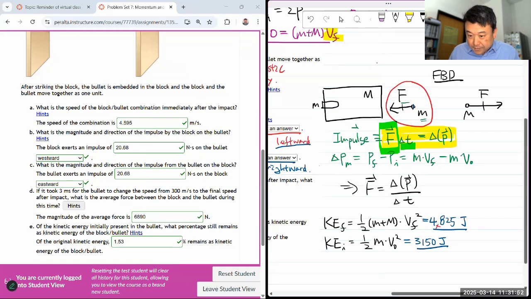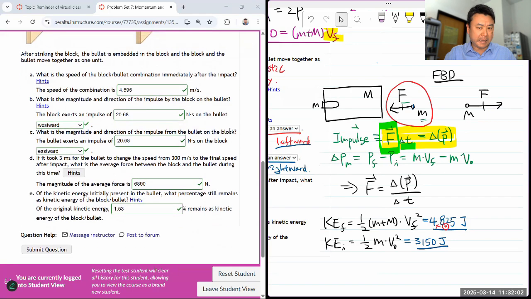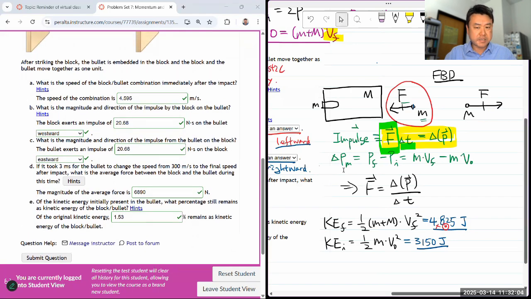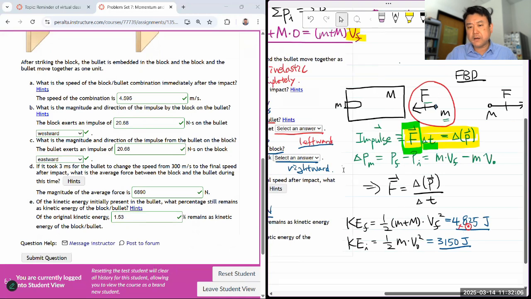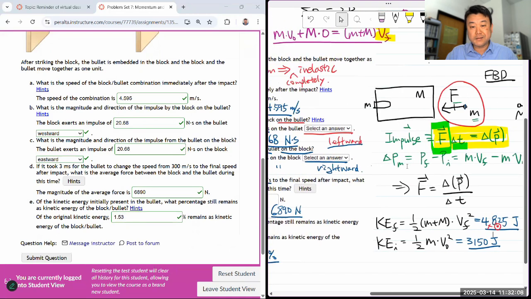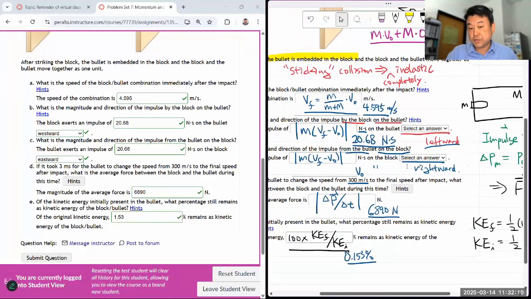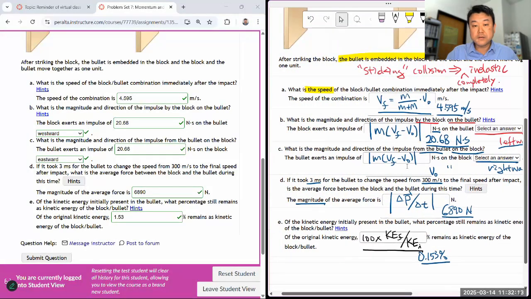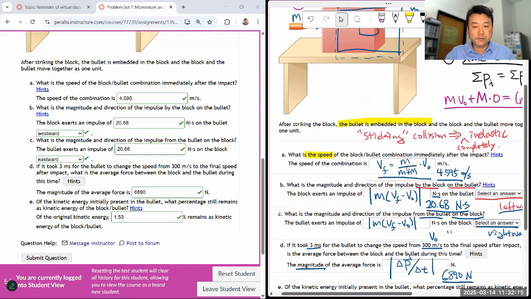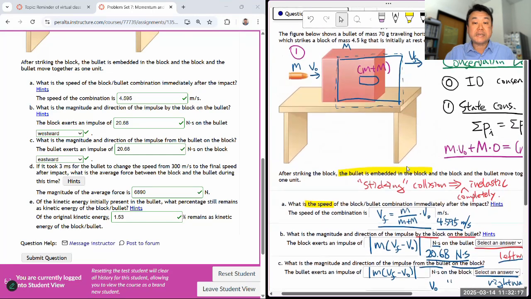So yeah, that's this question. It's got a lot of parts, and it asks you to understand all the connections between impulse and force, and it's not that difficult of a question. It's just long, and it requires you to remember all the definitions relating to sticking collisions.